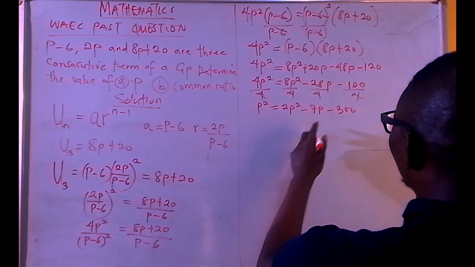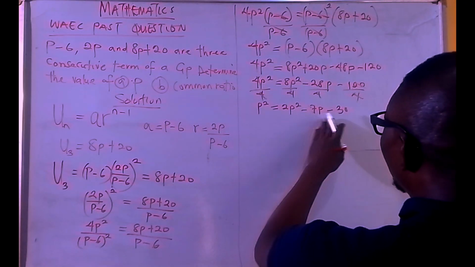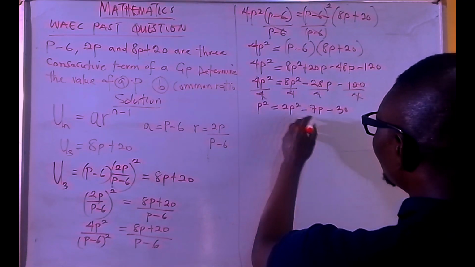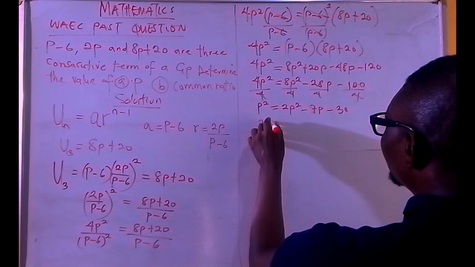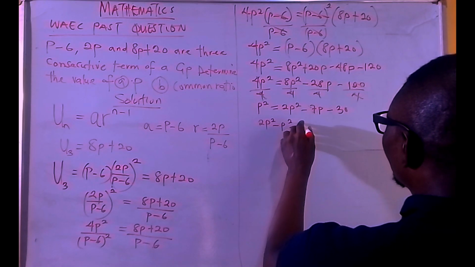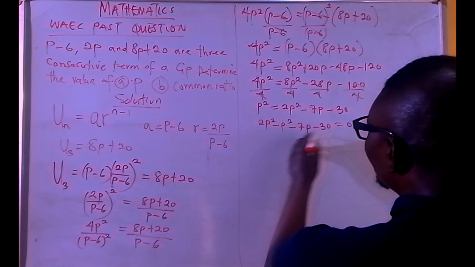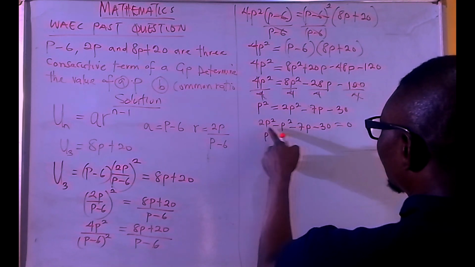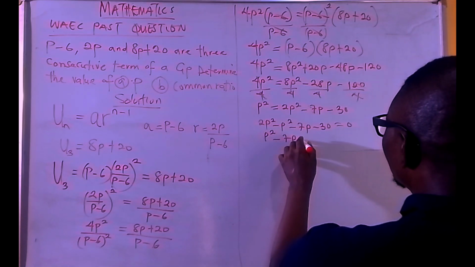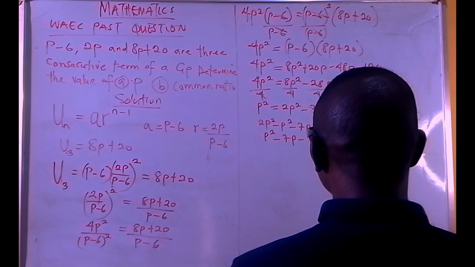If I rearrange this now, I'm going to have 2P squared minus P squared minus 7P minus 30 equal to 0. So 2P squared minus P squared gives us P squared minus 7P minus 30 is equal to 0. So at this point, this is the quadratic equation, so we'll factorize.